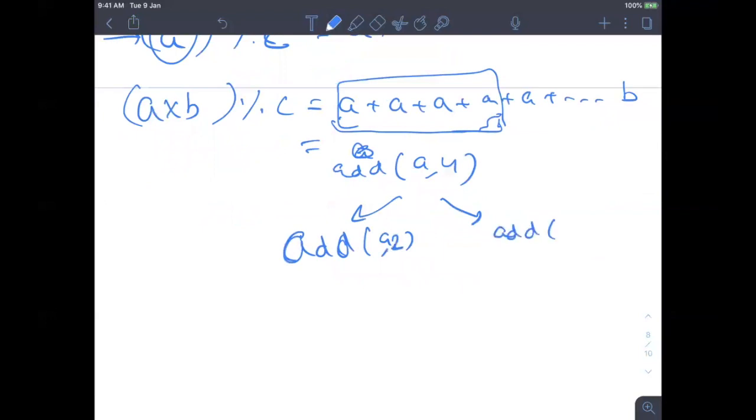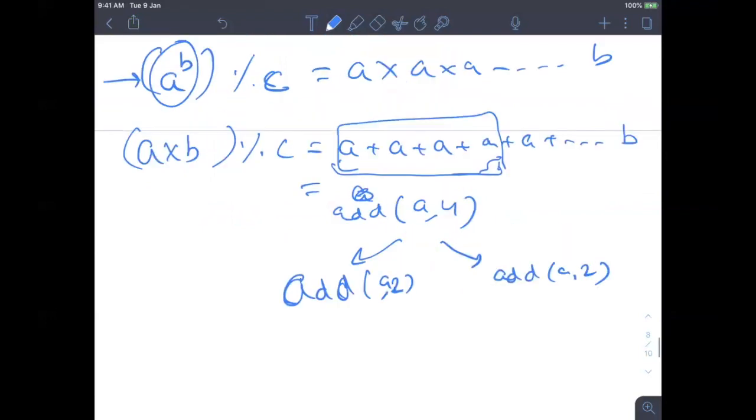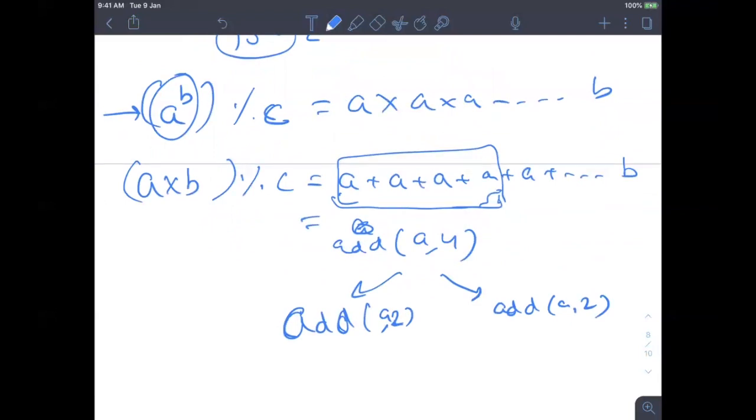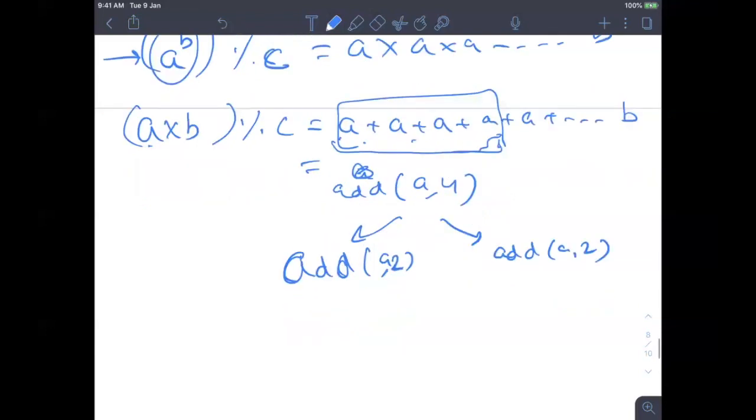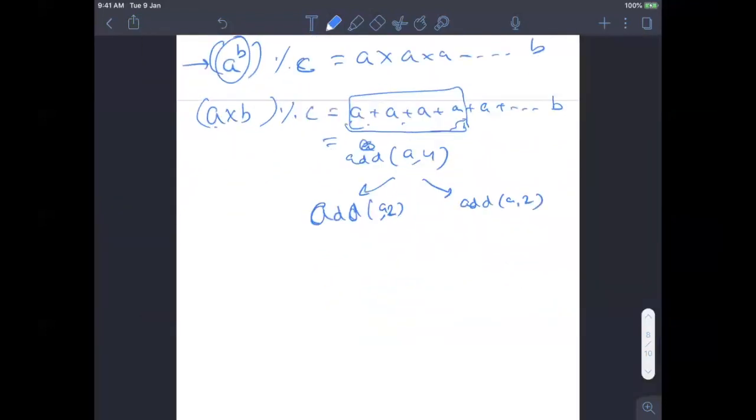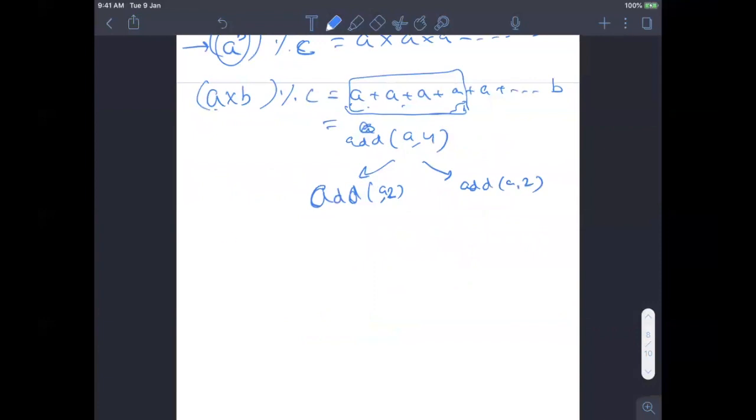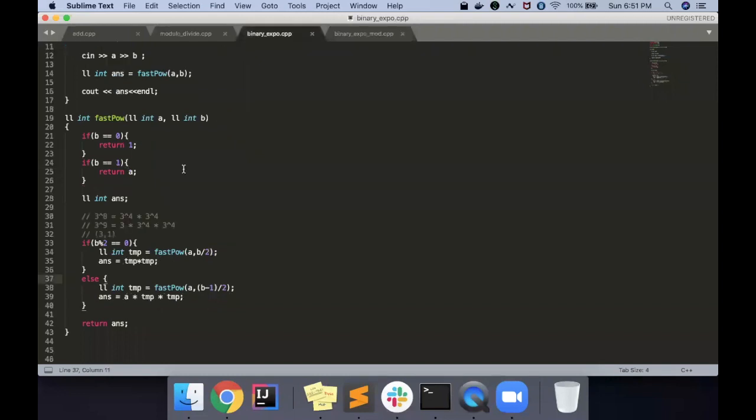If you compare these two things, they are totally the same. The only difference is you are writing a to the power b as a into a into a, b times, and a into b as a plus a plus a, b times. I'm not sure whether you will get this question anywhere or not, but I find it very interesting. So if you have to write the code for this, you can just directly go into your binary expansion function and just replace your multiplication with plus.